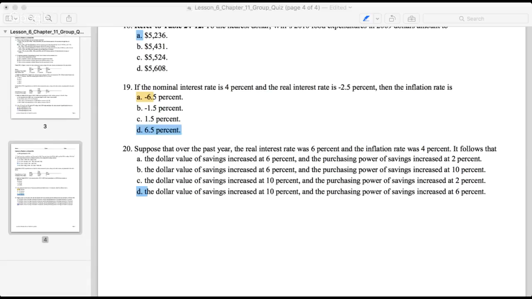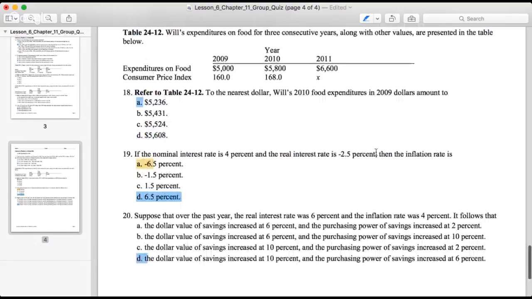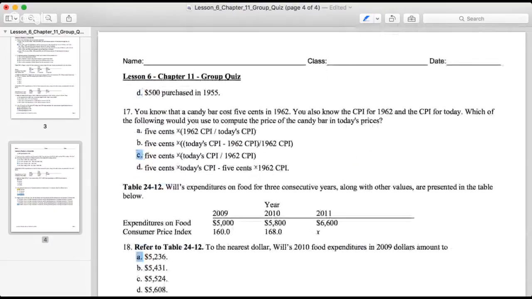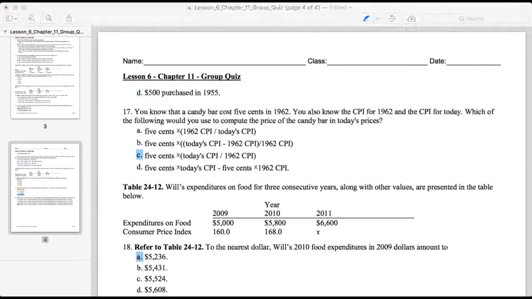Did y'all want to do 17? I thought we said C on 17, didn't we? 17 was C. I think we were all good on that one. I was doing 15 at the time. Yeah, for 17 we got C. Okay. Wonderful.